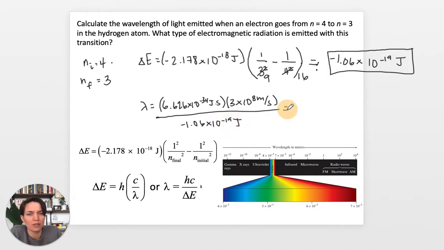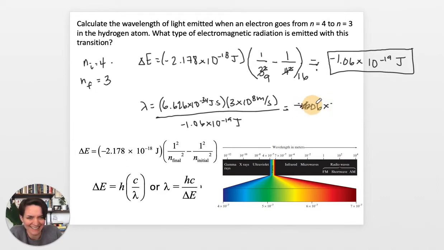Right, so look at your units. You can see that everything's going to cancel out. We're going to be left with our value in meters, and you can actually ignore that negative. I kept it in, so I'll just answer this correctly. So it would be negative 1.06 times, oh, sorry.